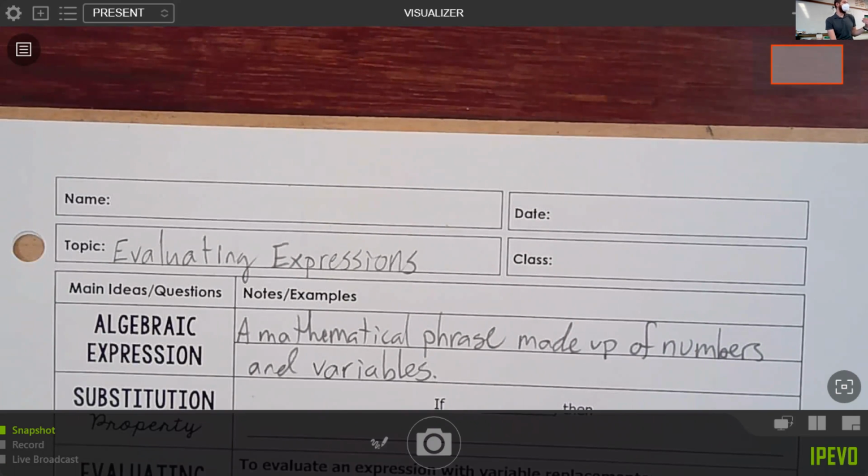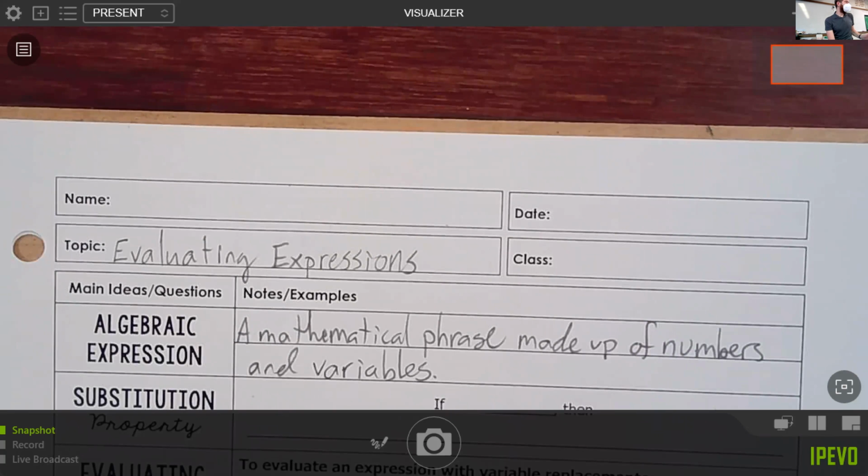How do we write variables most of the time? Yeah, we use letters. So variables are letters, and what do they mean? What do those letters mean? Ryder? Yeah, they represent any number that you can plug in for that particular expression or equation.